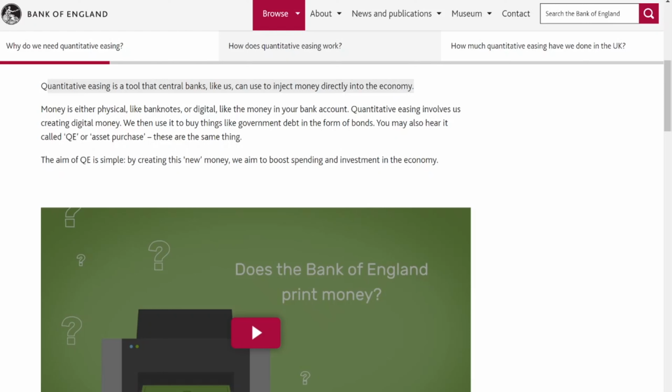So let's start off with what is quantitative easing? How does it work? According to the Bank of England's website, quantitative easing is a tool that central banks can use to inject money directly into the economy.